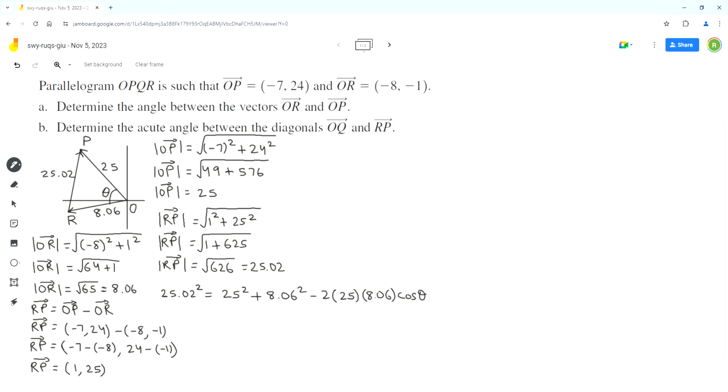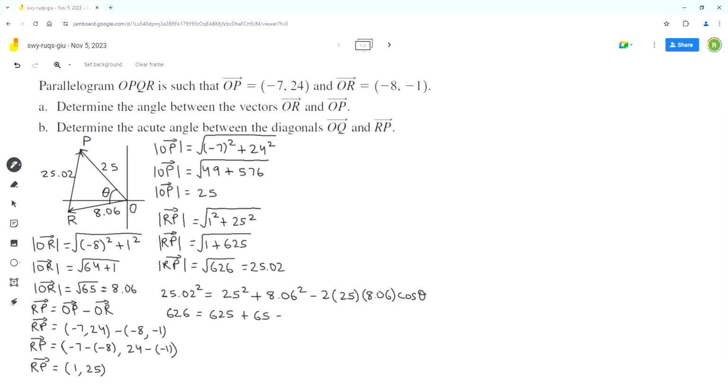So 25.02 squared is equal to 626. 8.06 squared is 65.